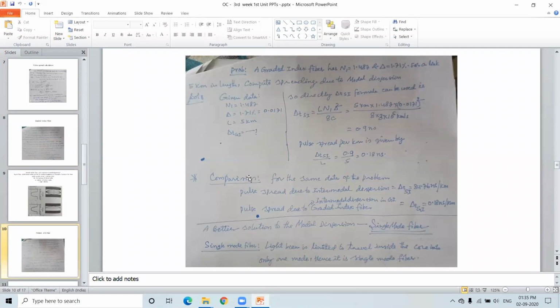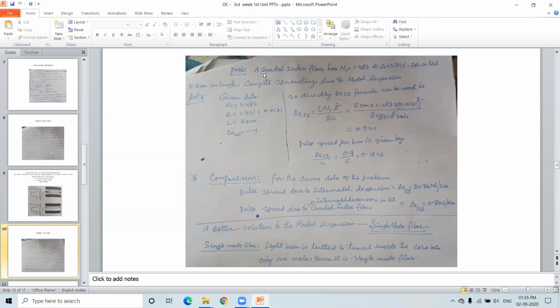We have considered the gradient index formula directly, not a derivation like the intermodal dispersion for the step index optical fiber. I'm sorry, this is not delta T SI, it is delta T GI, for the gradient index fiber. So delta T GI equals L N1 delta squared by 8C, right?